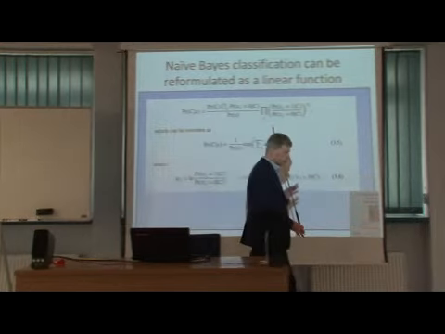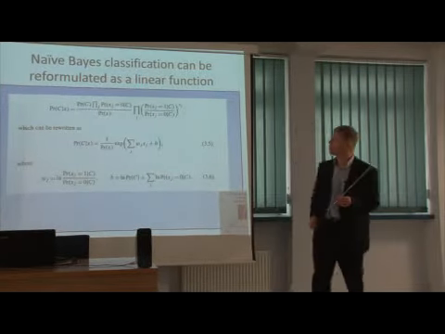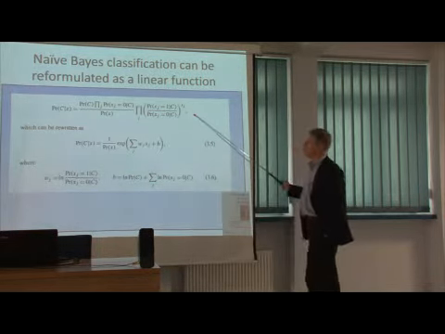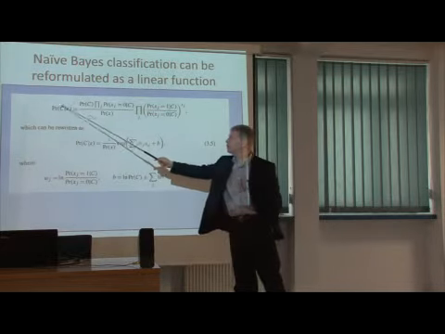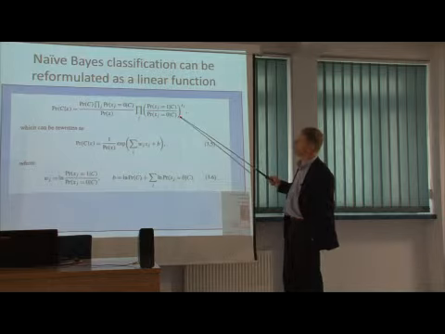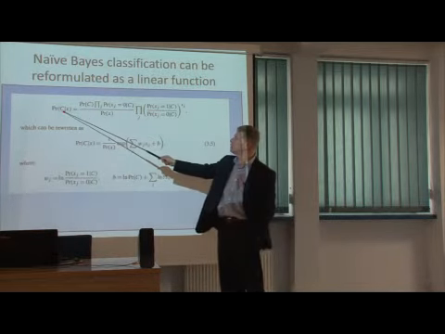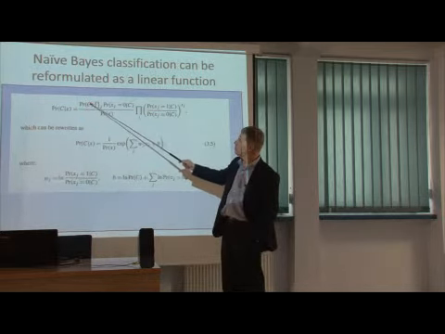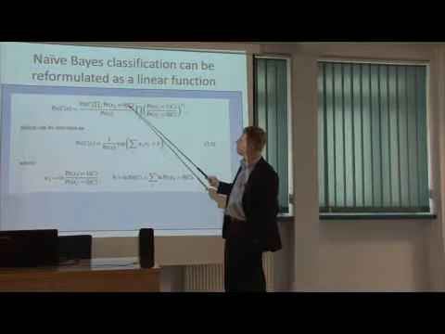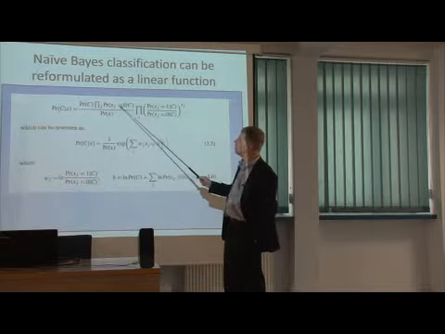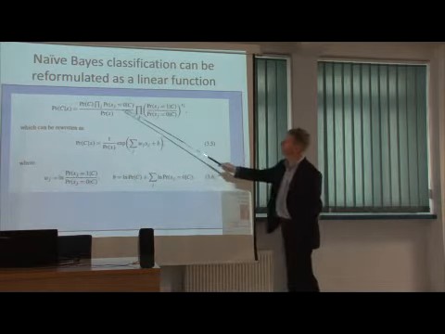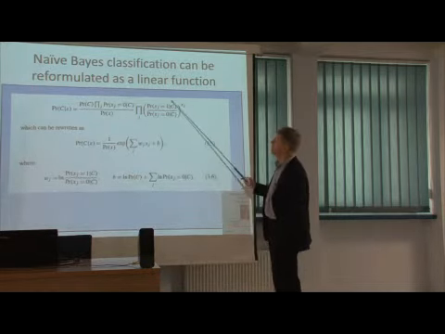We're not going to go into the detail of this formula, but essentially this is a way of reformulating the naive Bayes formula. The probability of a document being in class C is given by the probability of the class times the probability of the class generating the elements of the document, divided by the probability of the document.